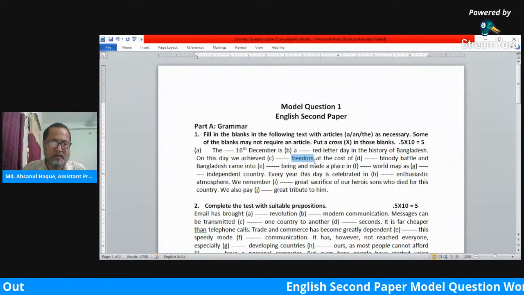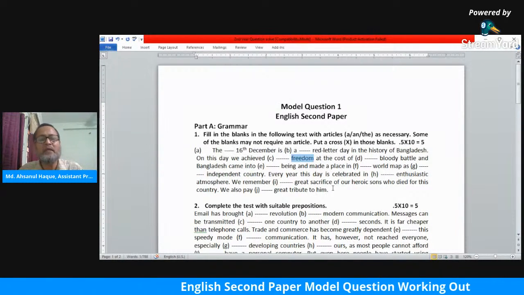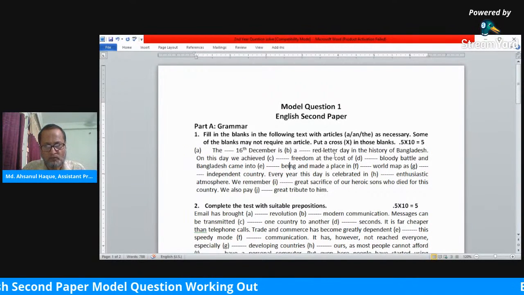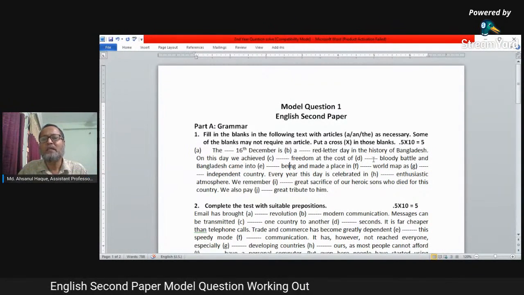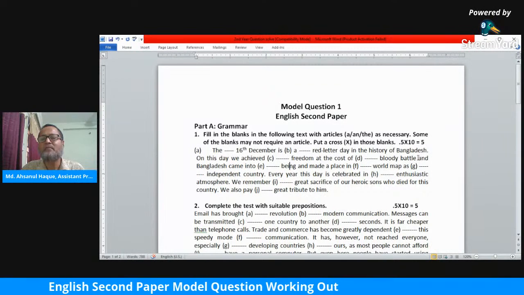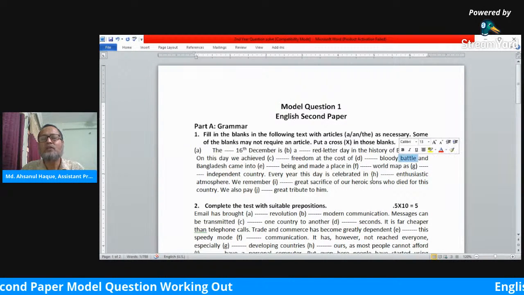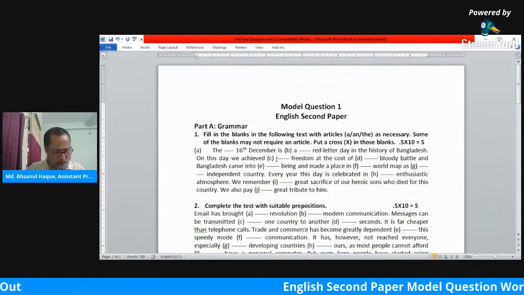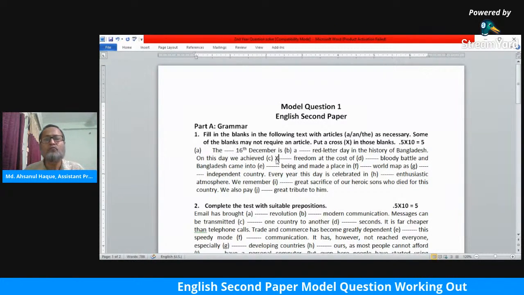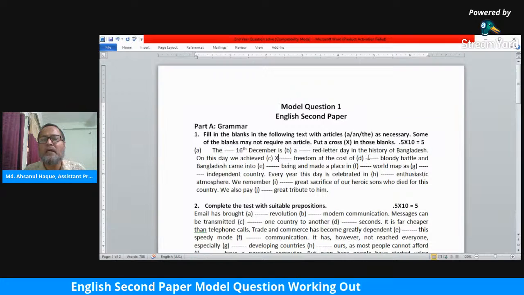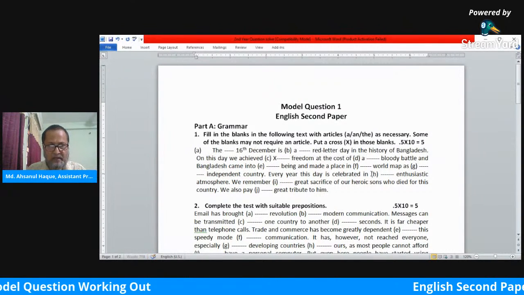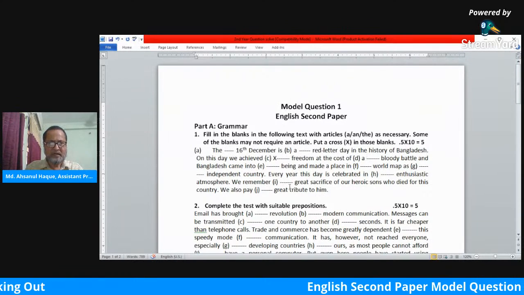This is uncountable noun. As a result, there should be no article. On this day, we achieved freedom at the cost of dash bloody battle. Battle is a countable noun, so there should be a. So there should be a, and there should be cost of a. I'm sorry, a bloody battle.